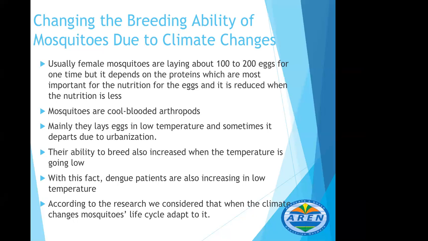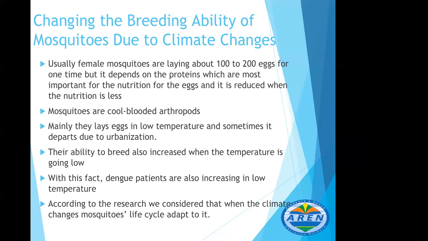The students wrote these, so I tried not to change them, just a few grammatical fixes. Next, mainly, they lay eggs in low temperature, and sometimes it departs due to urbanization. Their ability to breed also increased when the temperature is getting low.